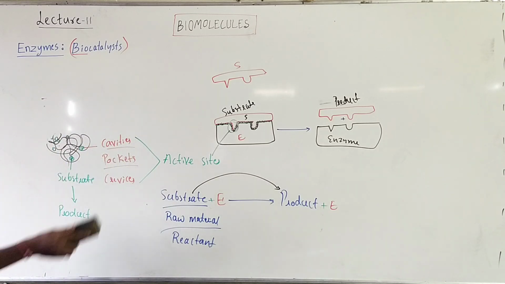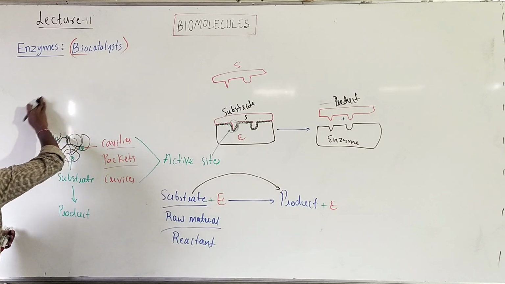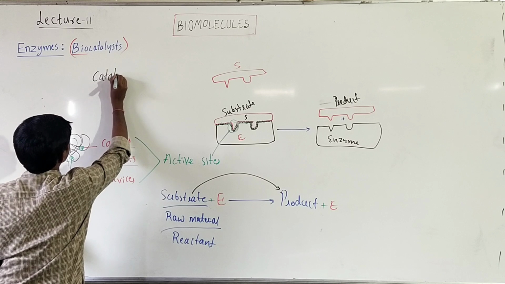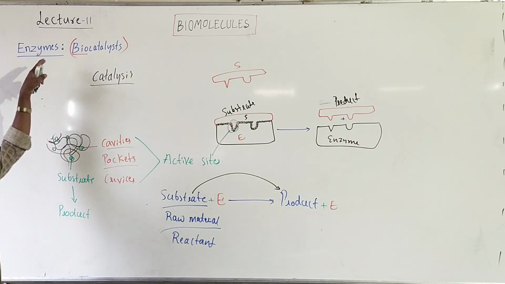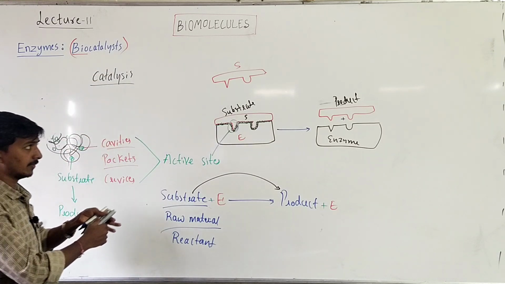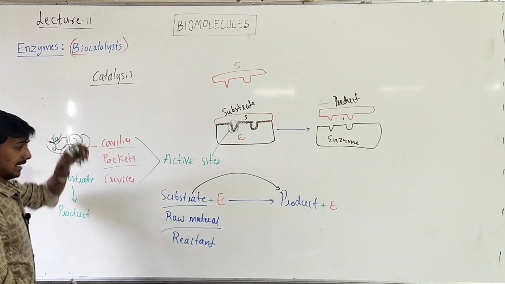So all this process is known as catalysis. Here the enzyme is called catalyst, biocatalyst, but the process of conversion of a substrate into a product is known as catalysis.